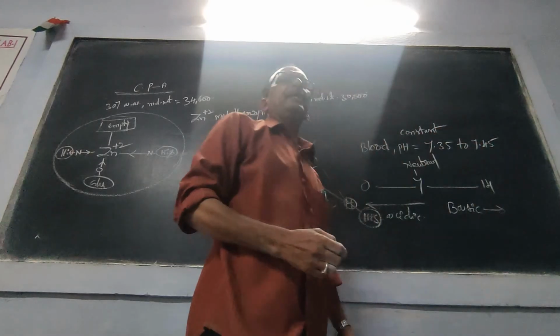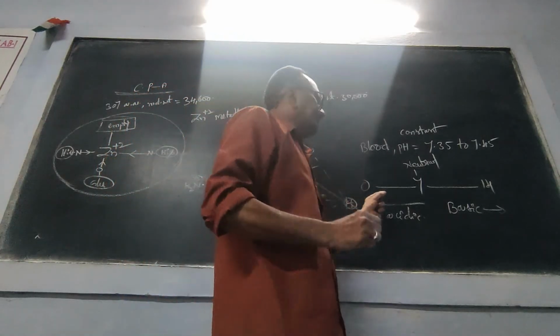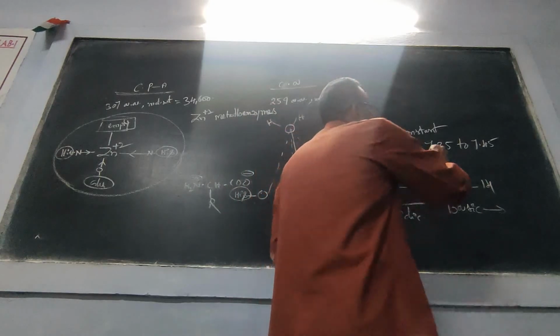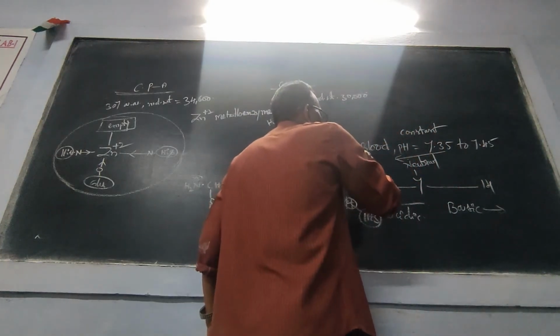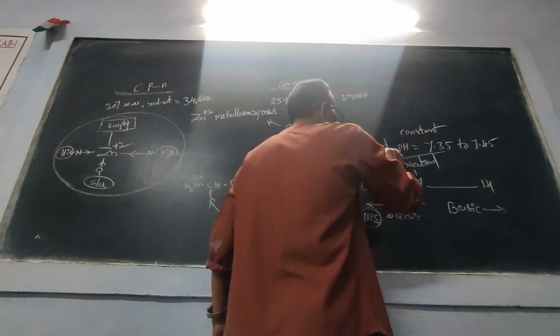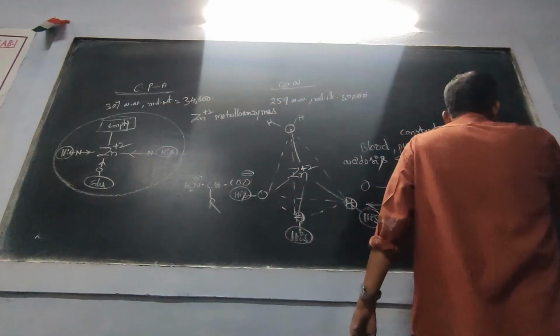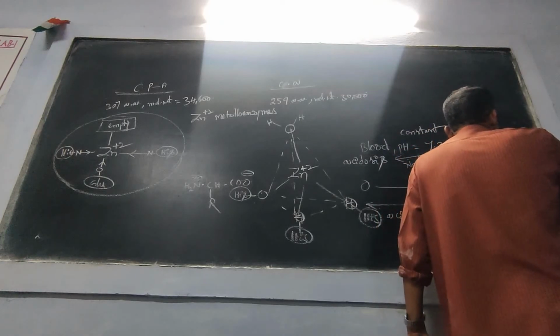It should be maintained constant. Otherwise what happens? Suppose if the pH of the blood is less than 7.35, then we get a defect that is called acidosis. Suppose if the pH is greater than 7.45, then it is called alkalosis.